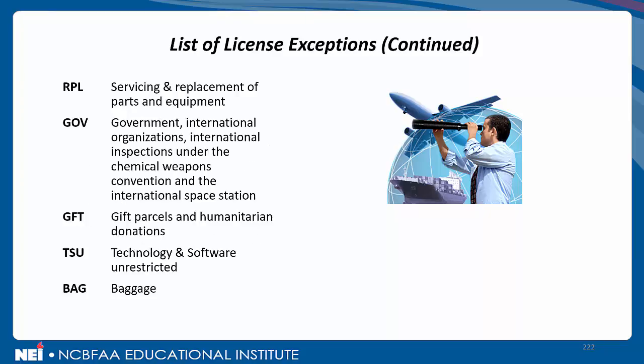Moving on, the license exception RPL stands for servicing and replacement of parts and equipment. GOV is government, international organizations, international inspections under the Chemical Weapons Convention and the International Space Station. GFT, gift parcels and humanitarian donations. TSU, technology and software unrestricted, and BAG, baggage.